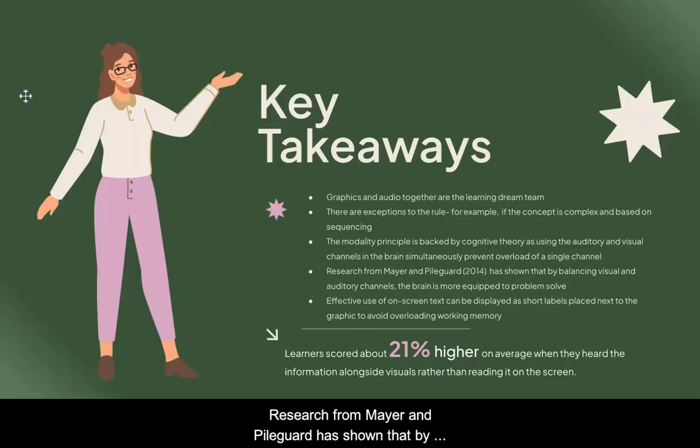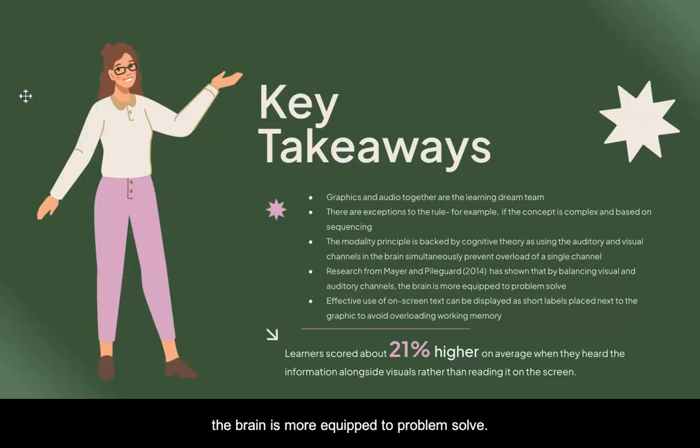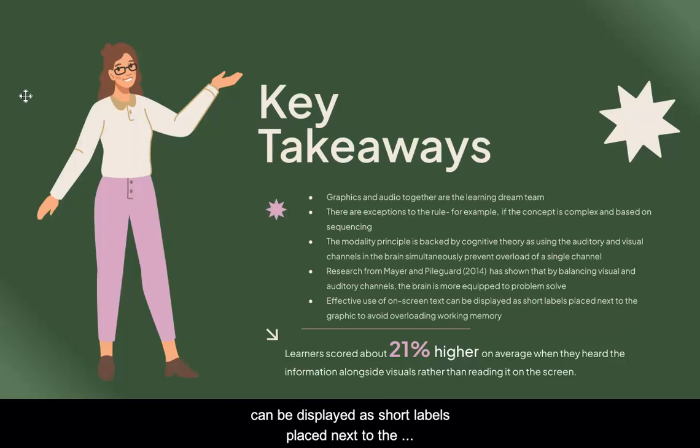Research from Mayer and Pilegard has shown that by balancing visual and auditory channels, the brain is more equipped to problem solve. And lastly, effective use of on-screen text can be displayed as short labels placed next to the graphic to avoid overloading working memory. Learners scored about 21% higher on average when they heard the information alongside visuals rather than reading it on the screen.